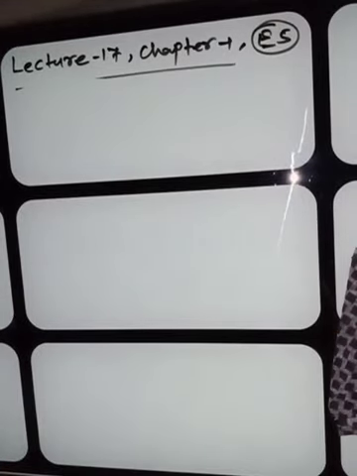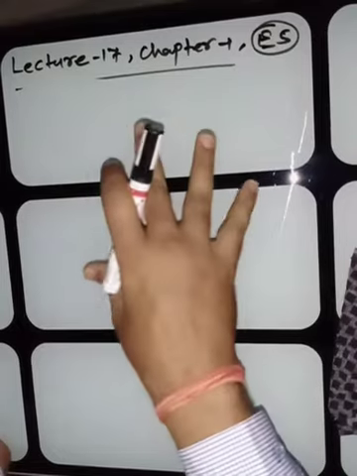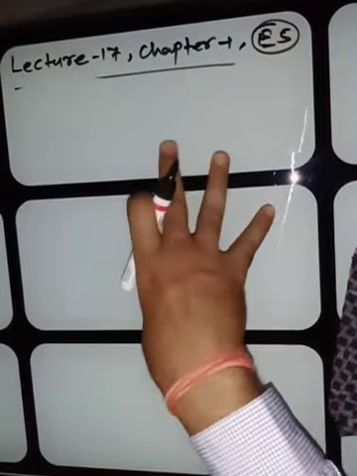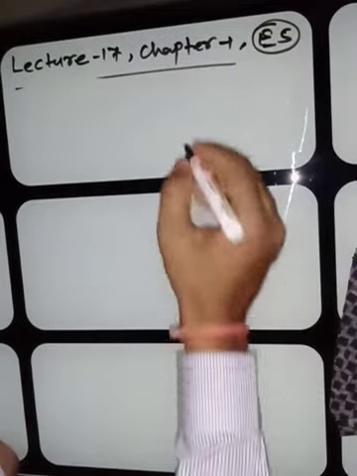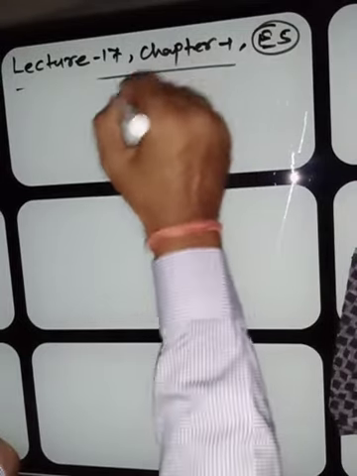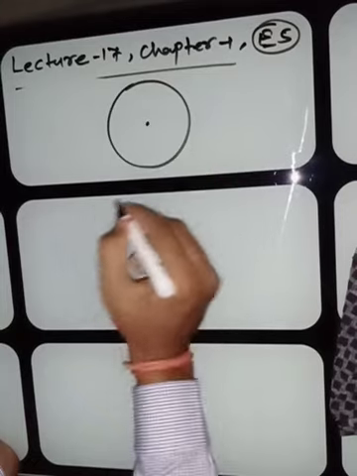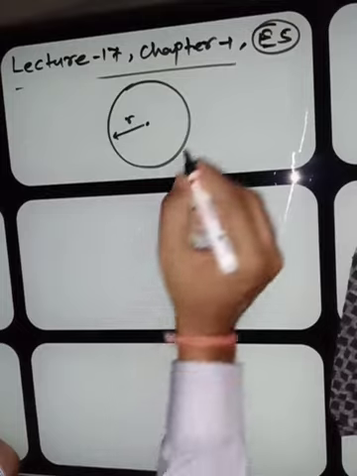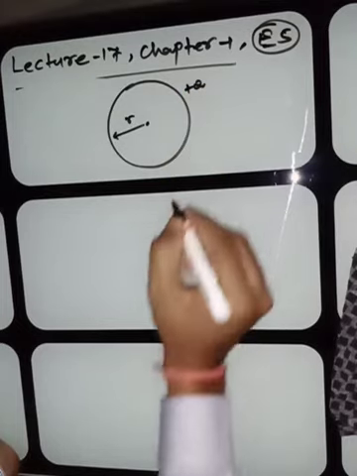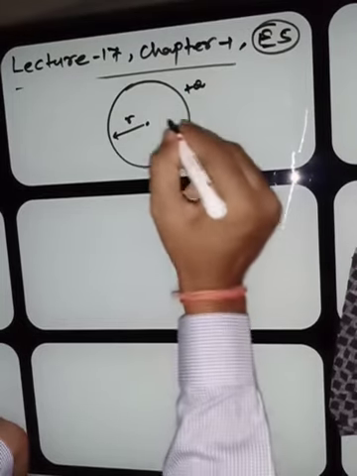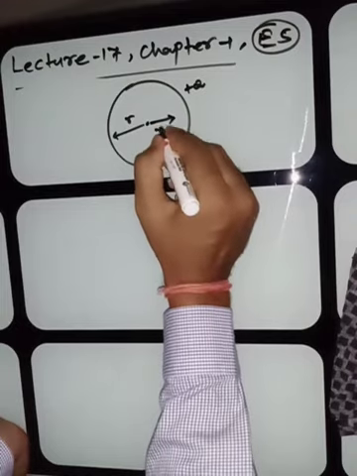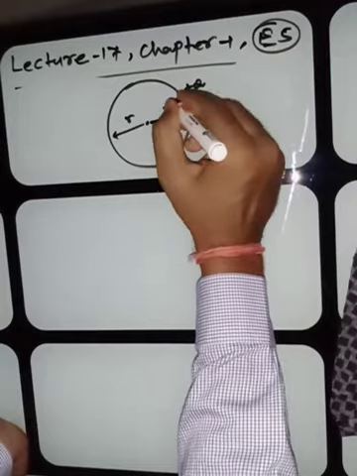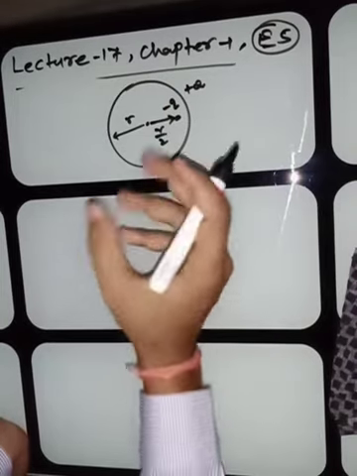Now my dear student, suppose we place a charge not exactly at the center. Suppose the radius of this conductor is r, and here plus q charge is represented, but at a distance r by 2 we put a charge minus q. This is another example, student.